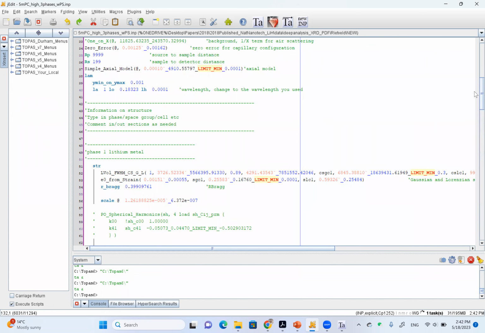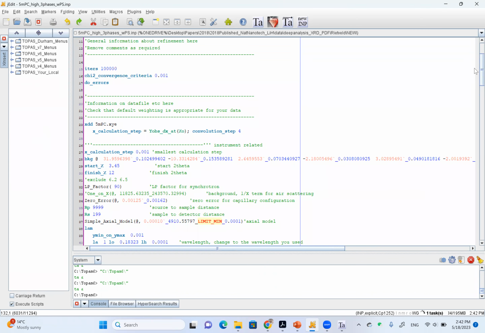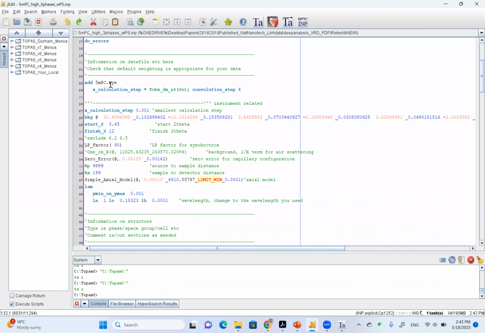And we can have a more detailed check. We can look at more details of the refinement in the profile. So I think we have gone through those things. Those are exactly the same as what we see in the AMC refinement, right? So in the input file, we fit the background, we define the range we want to fit, we put in the Lorentzian polarization parameter, and we fit the zero error.